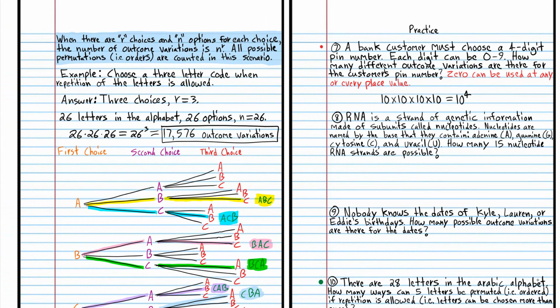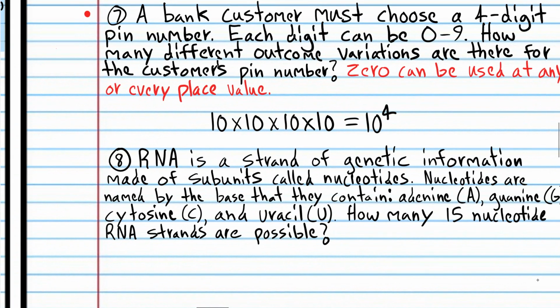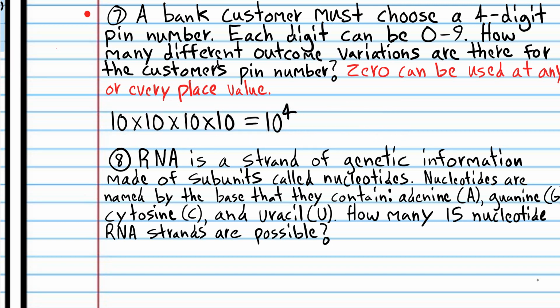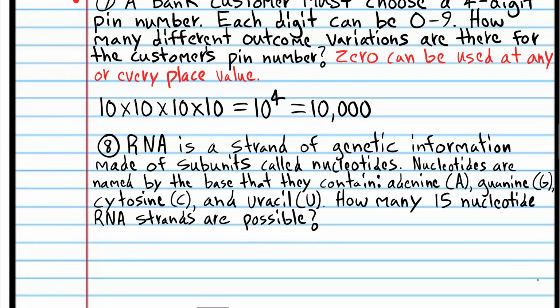So, as you can see, as long as we understand the basic idea here, this is really not that difficult. So, 10 to the 4th power is 10,000. So there's 10,000 different PIN numbers that you can choose.